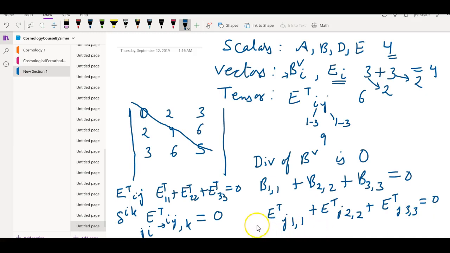So how many constraints do we have? Since J is from 1 to 3, there are 3 constraints. There are 3 equations I will get. So 3 constraints I get from here.